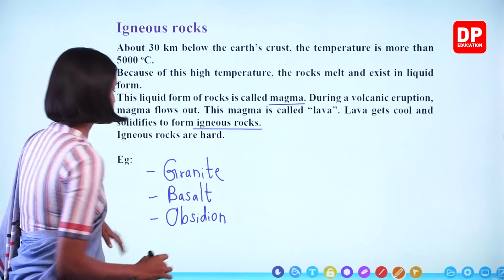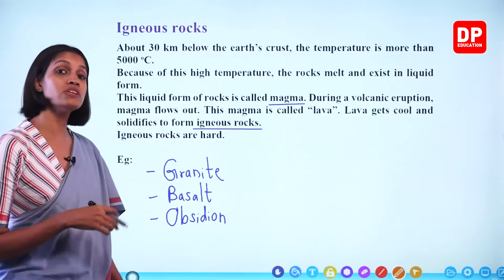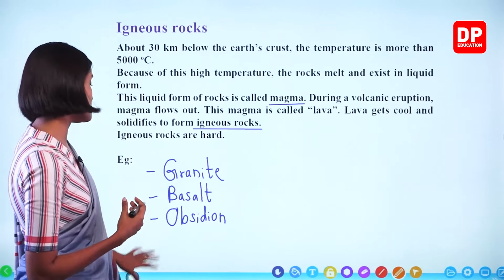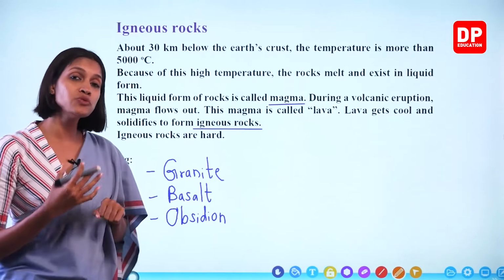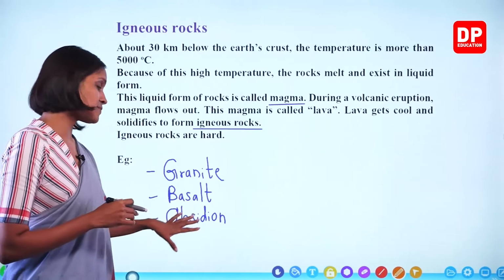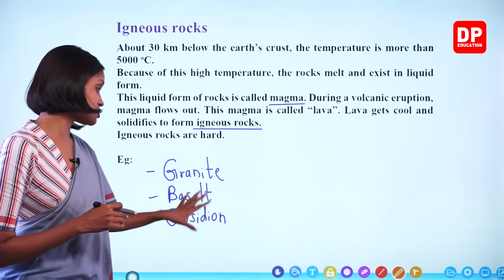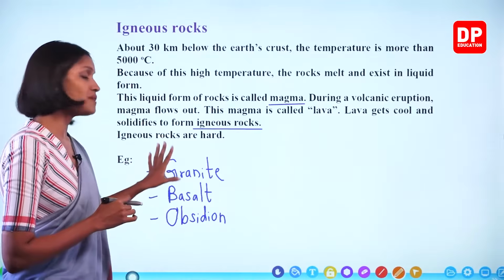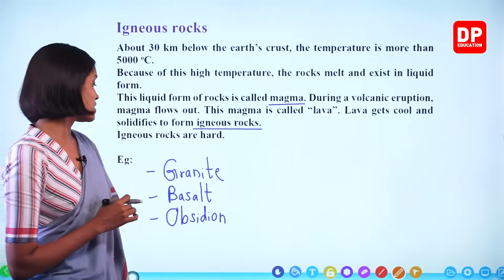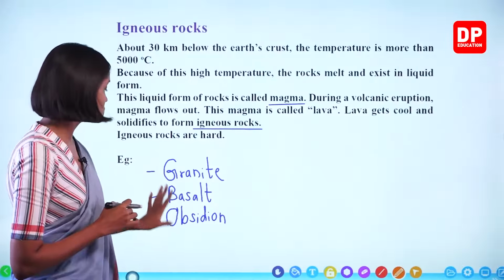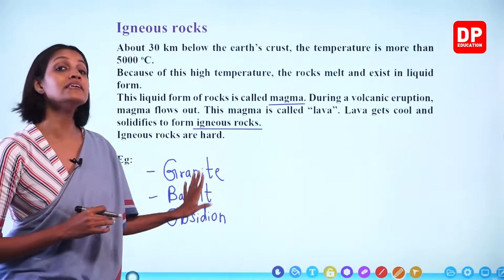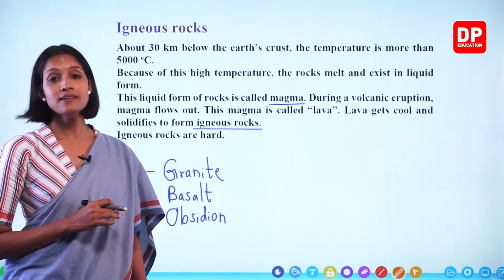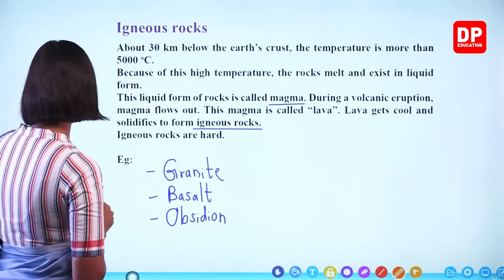Granite and basalt are both used in building constructions. Obsidian has smooth surfaces, so sometimes it is used in other constructions as well as to make ornaments. There are many other examples too. Granite, basalt, and obsidian come under igneous rocks. We'll move on to the next.